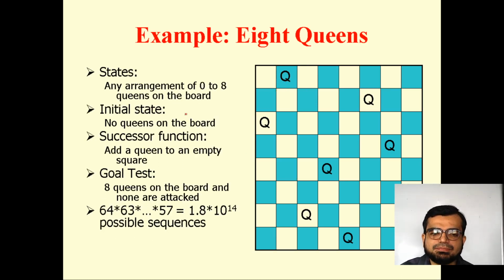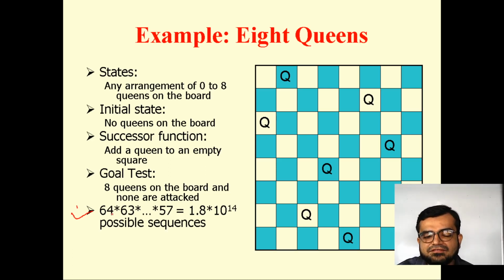If you see the number of possible sequences, let us assume the chessboard is an empty one. For the first queen, there are 64 locations available, which means you can take any one of the 64 locations. So that's why the first one is 64.